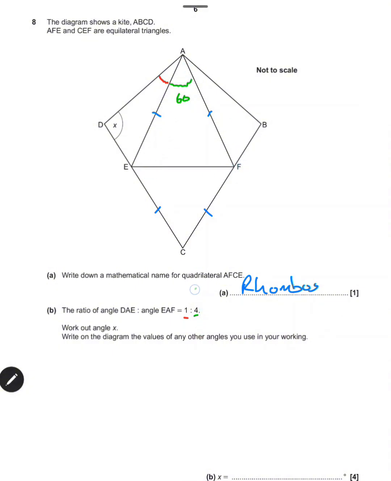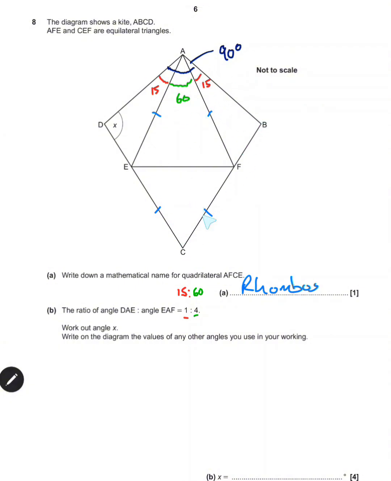So if this is 60, then this one must be 60 divided by 4, which is 15. 1 to 4 as a ratio is the same as 15 to 60. So that angle there is 15. That means that angle there is 15. And what we can actually say is, what is this entire angle? Well, all of that would be 60, add 15, add 15, which is 90 degrees.